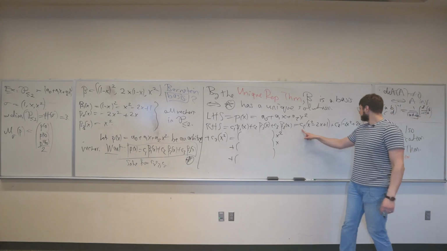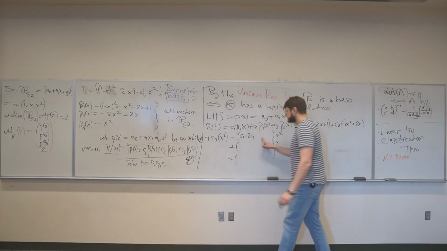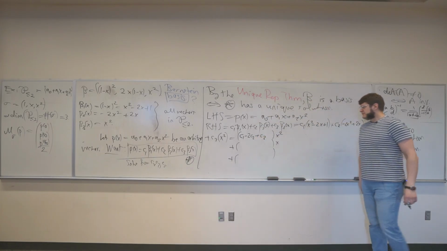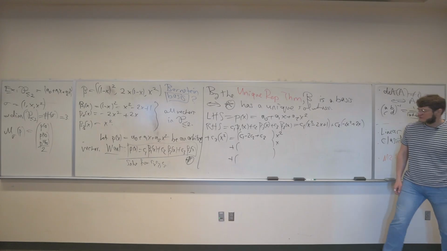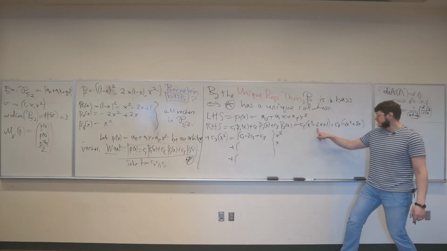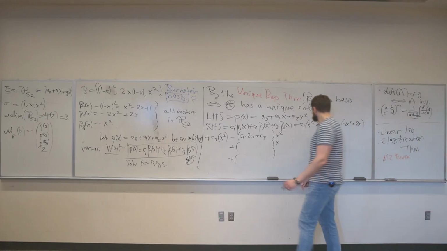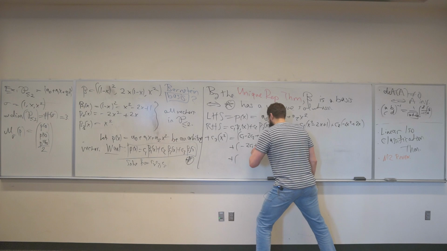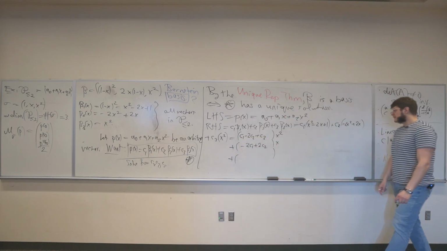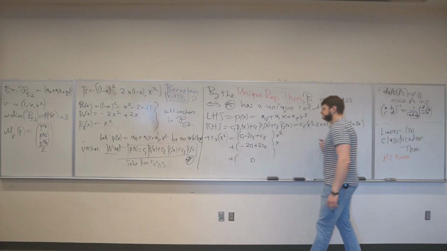C1 minus 2C2 plus C3. That's the scalars next to x squared. Then for x, I have minus 2C1 here, and then plus 2C2. This doesn't contribute. And then finally the constant term is only coming from here, C1.